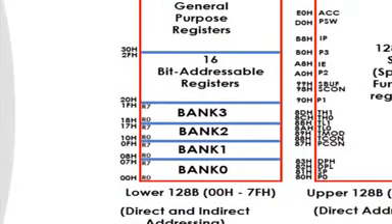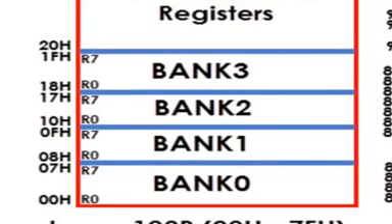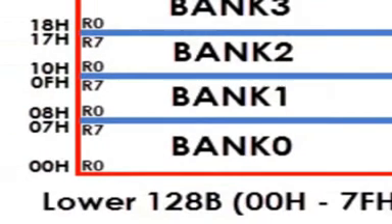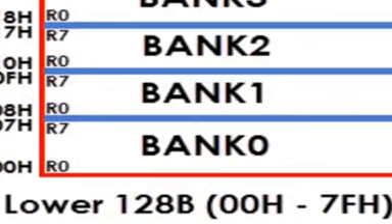Now, what are these actually? In this internal RAM, 00H to 1FH is divided into 4 banks. Each bank consists of 8 registers, R0, R1, R2, R3, and so on up to R7. So you have a total of 8 registers inside bank 0.